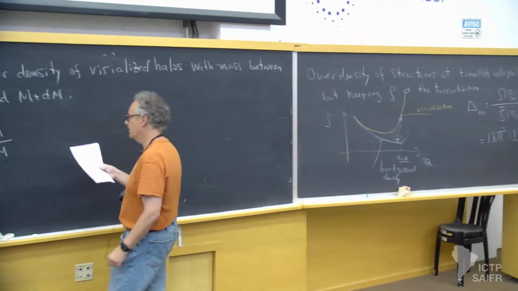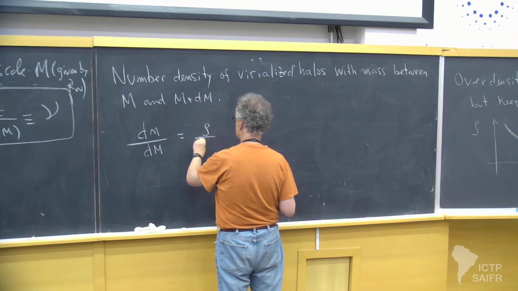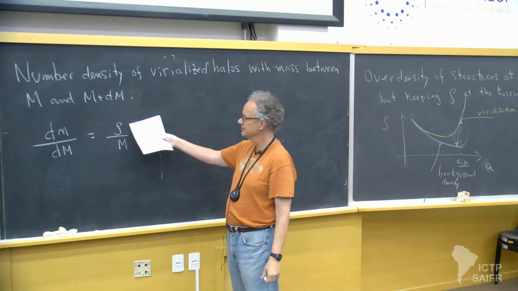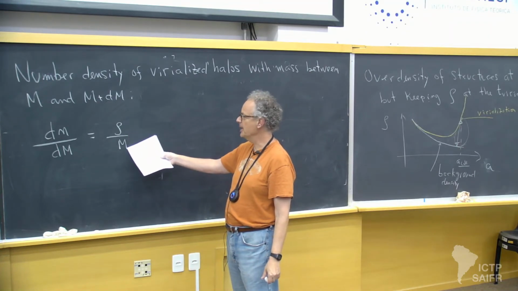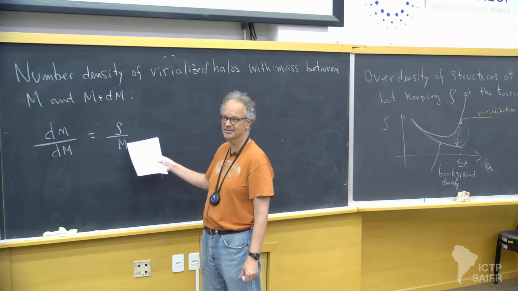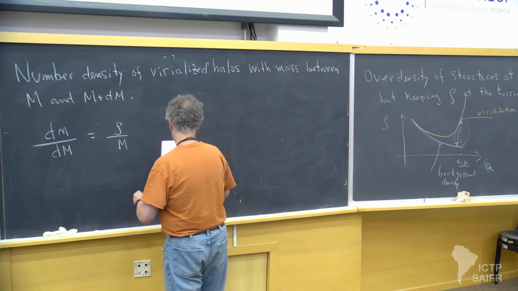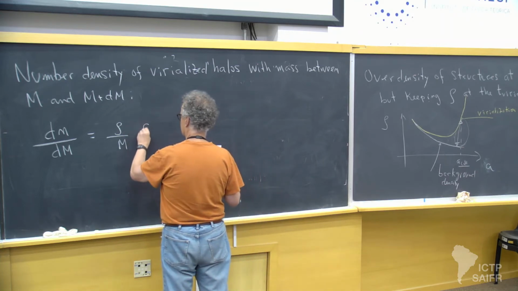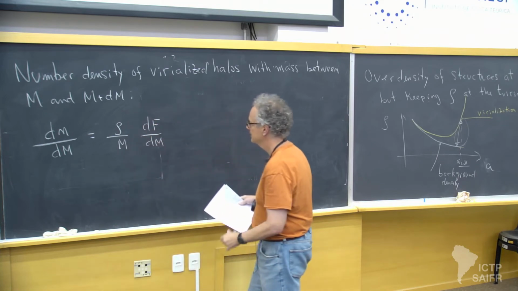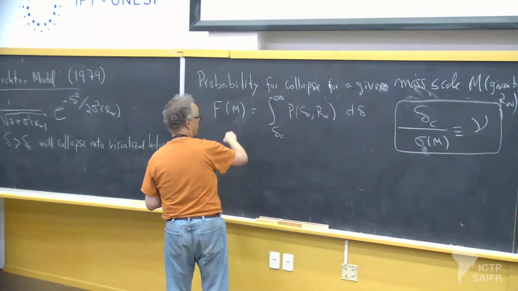And this is just given by rho over m. So rho is the density, and m is the mass. So rho over m is a number density. Do you see that rho over m is a number density? So this is just the number density times df dm, which is this probability here of having a mass m.